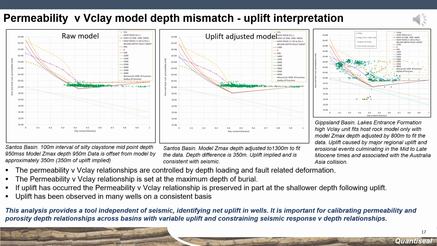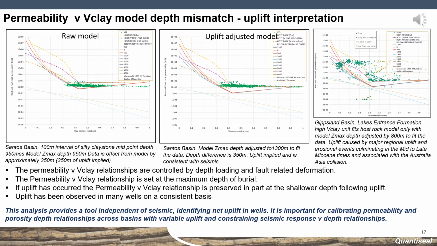Now to the right, if we adjust the depth of the model, we get a very good fit. What is implied here is that that sequence had been buried significantly deeper, in this case about 300 meters deeper, and has subsequently been uplifted. And when we do that, we get a very good match with the data with the host rock trend.